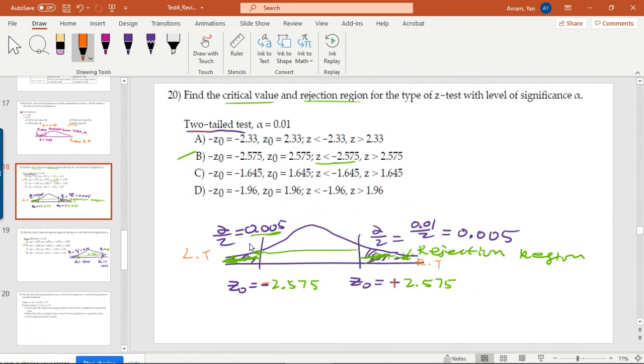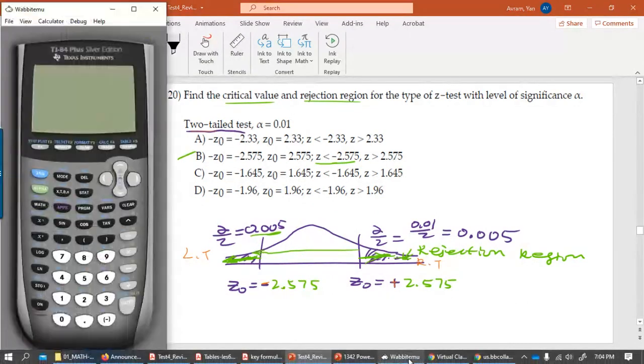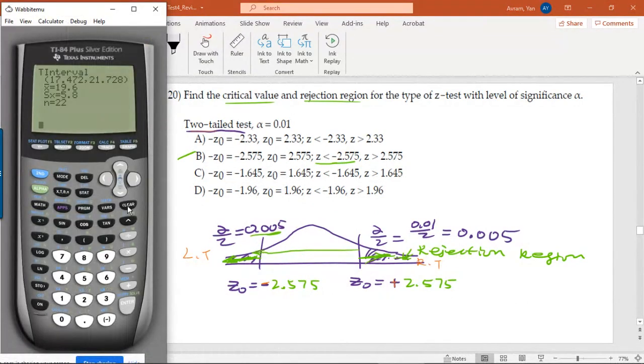So if I want to read my z-score, I will just read my table backward, or you can use the calculator. Second bus, this is reading table backward. Okay, type 0.005. And that will give you the number here. We have 3 decimal points, so we have negative 2.576 actually.